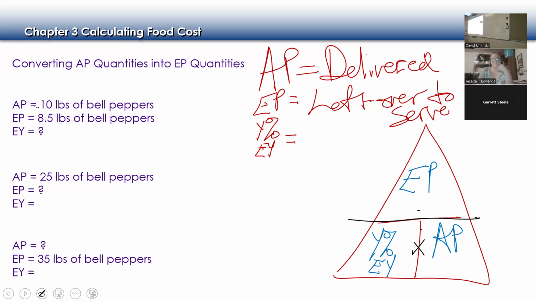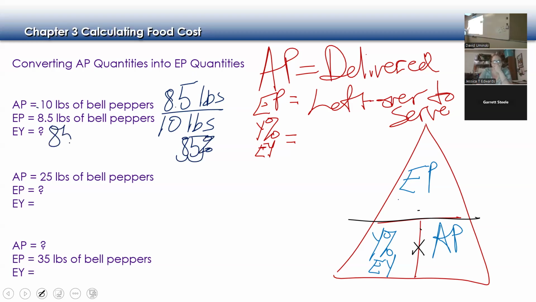What's my formula? I'm looking for edible yield, EP over AP. EP divided by AP. So EP, 8.5 pounds, divided by the AP of 10 pounds gives me a yield percentage of 0.85, which means move that decimal place over, 85%.